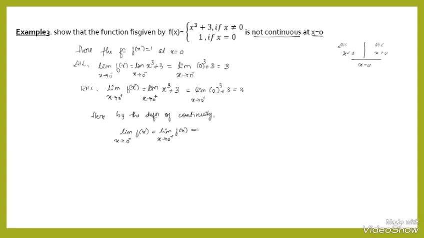Here the right-hand limit and left-hand limit coincide, but the main function value is not coincident. That's why the function is not continuous.